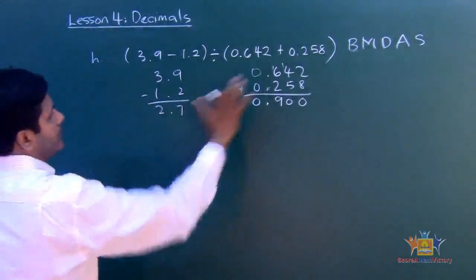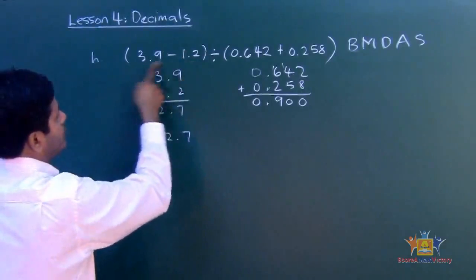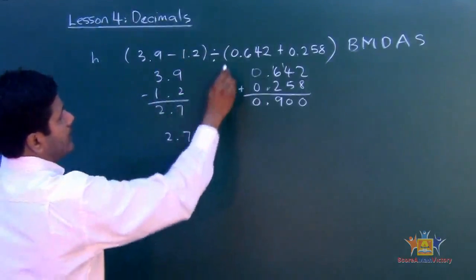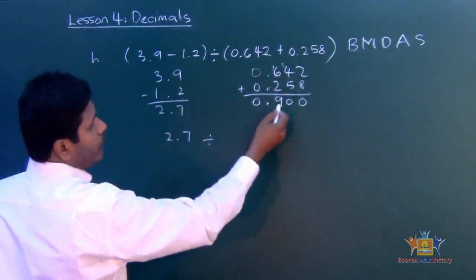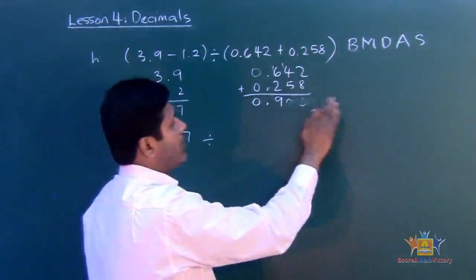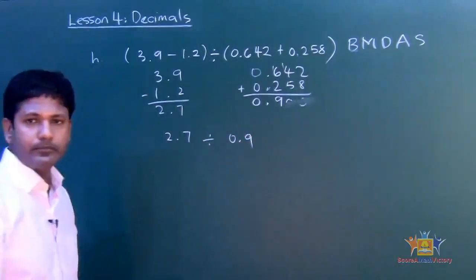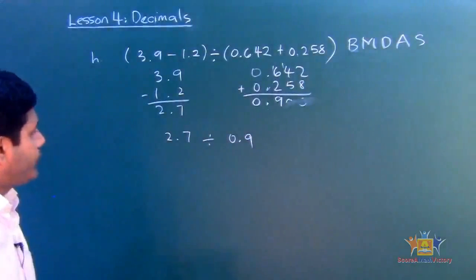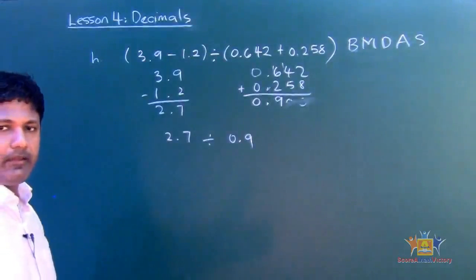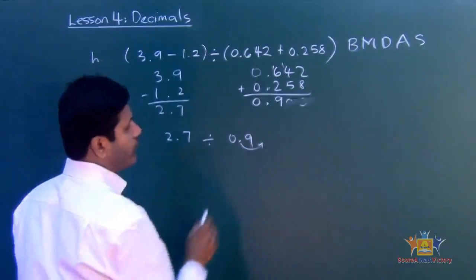So we did this part and this part, which is 2.7. We take the bracket out because we already solved it. Divide. The addition gives us 0.900. This 0 has no value, I'm just going to drop it. So I'm just going to write down 0.9. All right, so we are dividing 2 decimals. What method are we going to use? Forget it. That means for the divisor, we're going to remove the decimal.